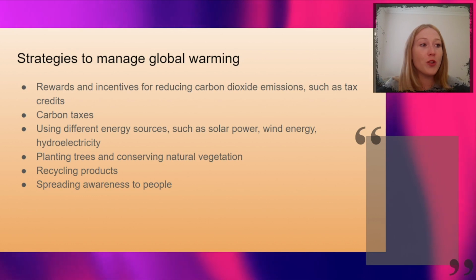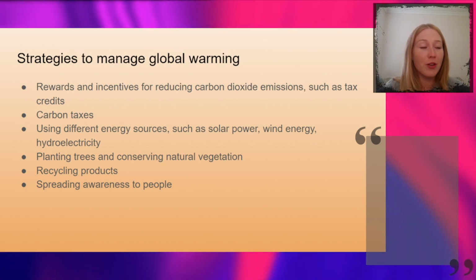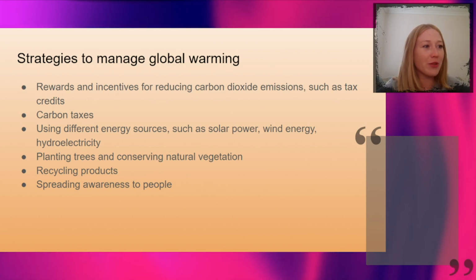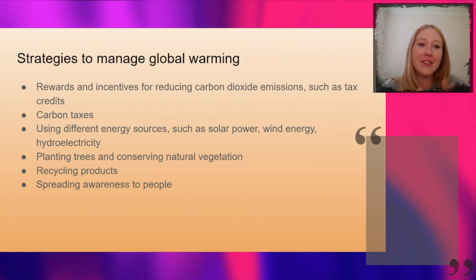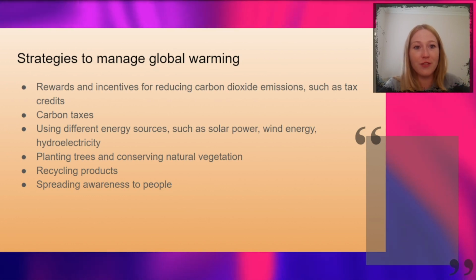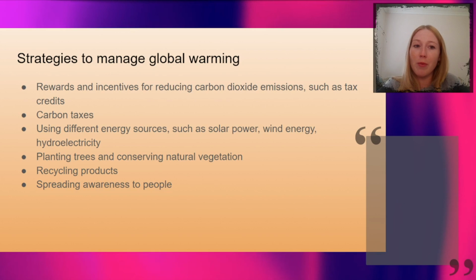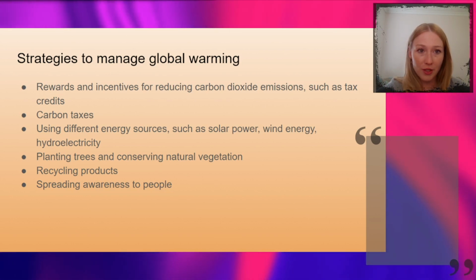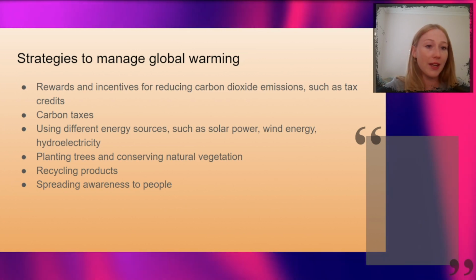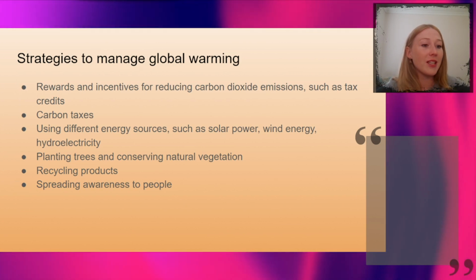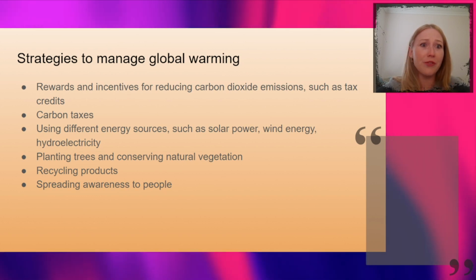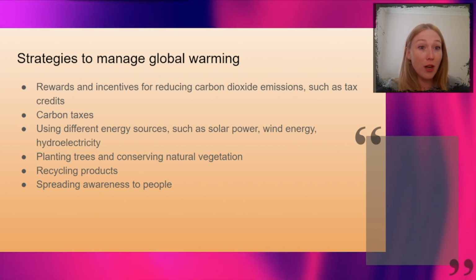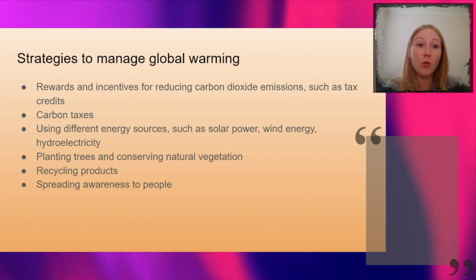We should be conserving our natural vegetation and planting trees. I am always hesitant to add in the planting trees thing. Planting trees needs to be done in the right context for that environment. So when we're talking about planting trees, we should absolutely be planting them in your forest areas where there has been deforestation, like our tropical rainforests. But in places like South Africa, where we're a very dry, very arid country, trees are quite demanding and quite taxing on our water supply.